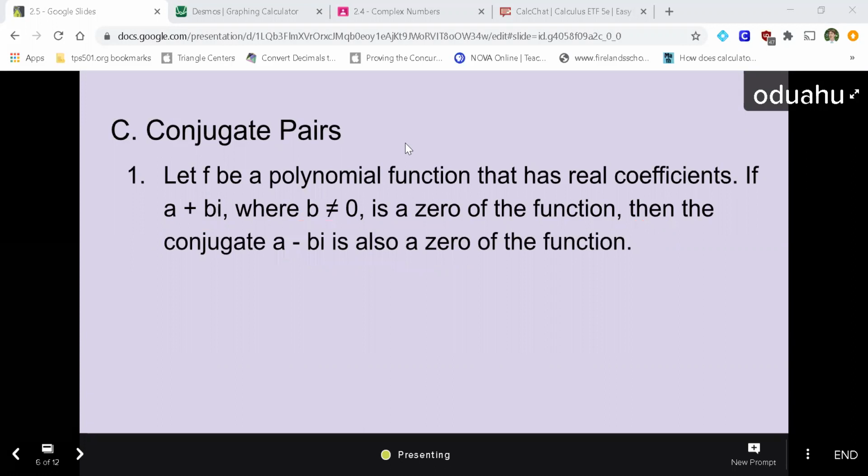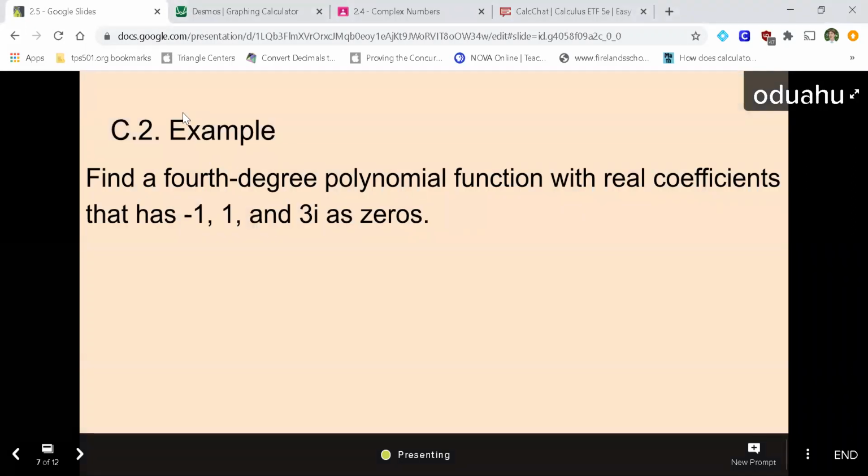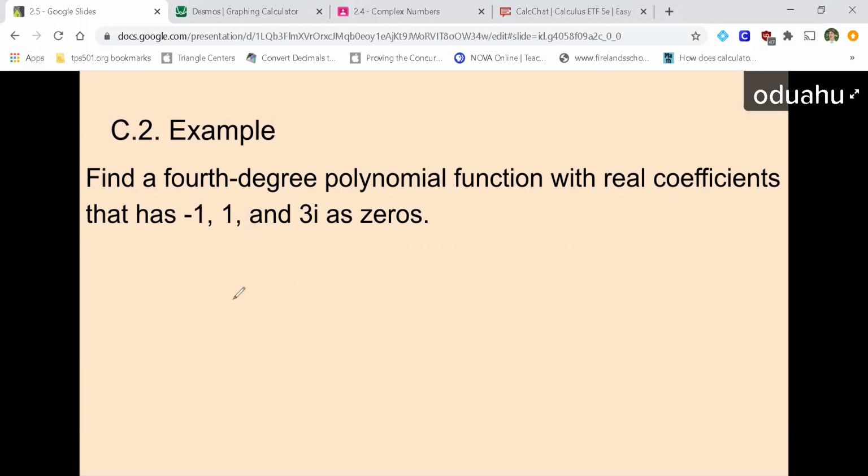All right, cool. So for example, what that allows you to do is some pretty powerful math. Let's say I want to create a 4th degree polynomial with real coefficients as these zeros. Well, since it is a 4th degree polynomial, it should have 4 complex zeros. But they only give me 3.